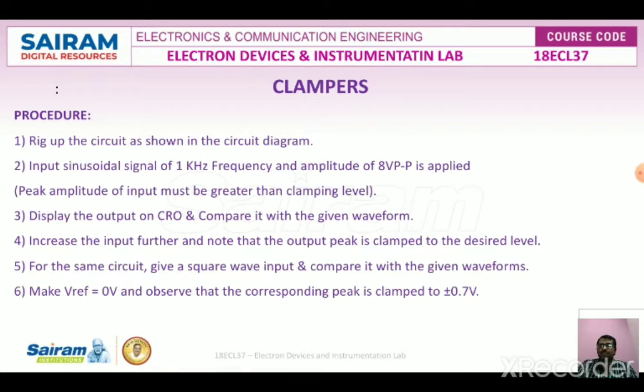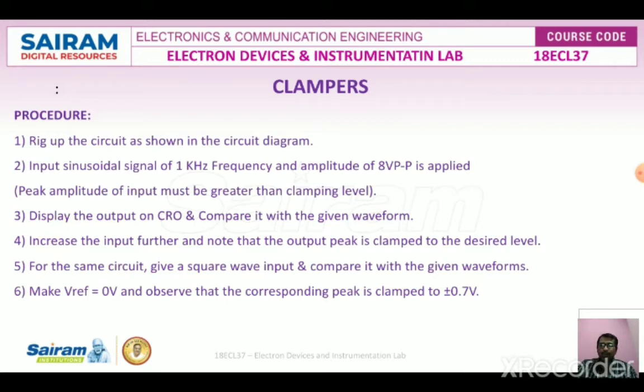So what is the procedure? First, rig up the circuit as per the circuit diagram, and an input sinusoidal signal of 1 kilohertz frequency and amplitude of 8 volts peak to peak is applied from the function generator. The peak amplitude of the input must be greater than the clamping level. Display the output on the CRO, compare it with the given waveforms and increase the input further.